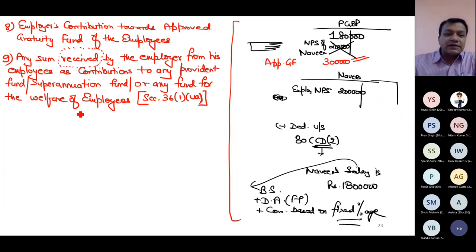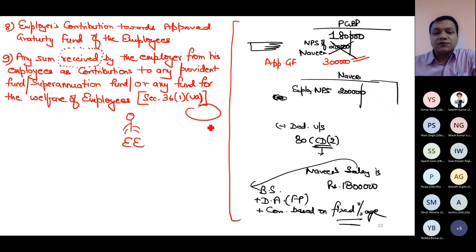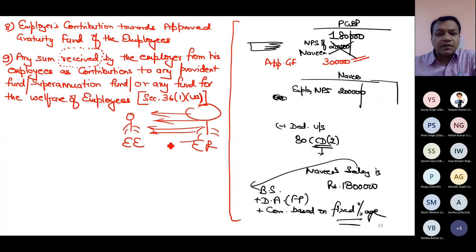If you see carefully what was going on till this 9th point: this was the employee and this was the employer. He was giving something to the employees, and that is why when he was preparing the P&L account, he was showing those expenses.